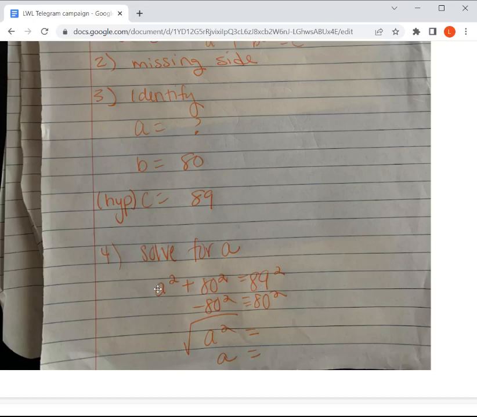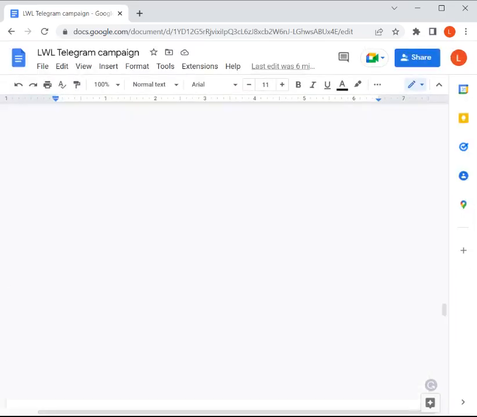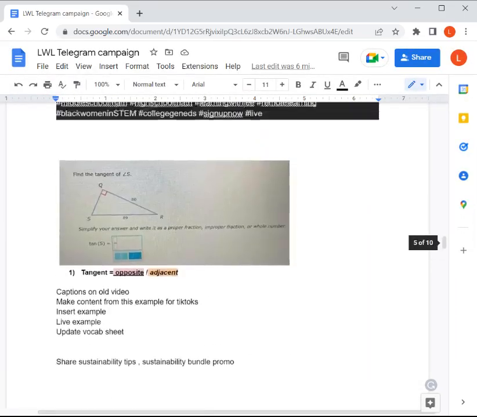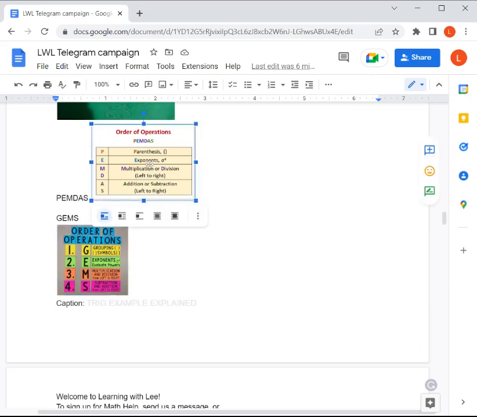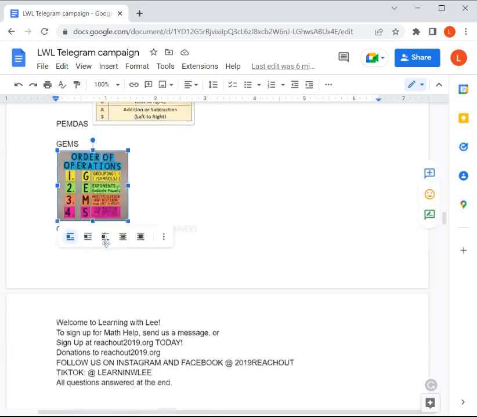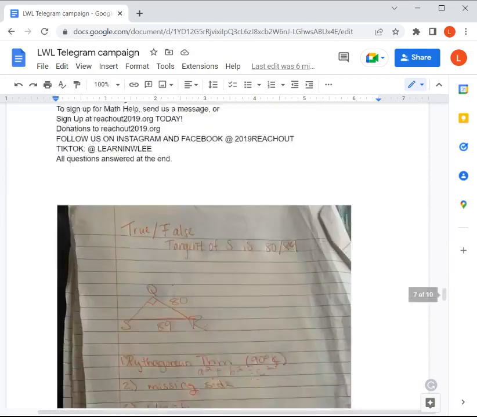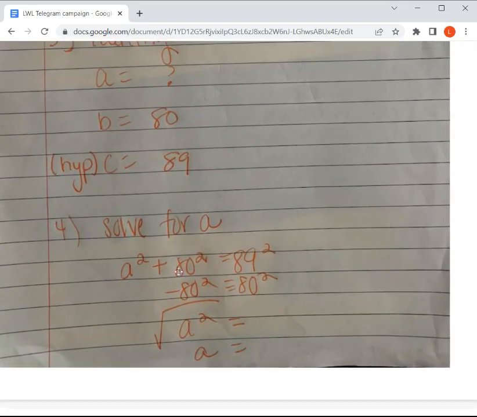And since I'm solving for a squared, now we're going to get back down to the arithmetic. You want to make sure you know your order of operations. Again, this is another piece of information that we will have on our cheat sheet. If you work with us, we're going to ask you, what is the correct order of operations for this example? You can look at this list and say, well, the last thing we need to do to isolate a is to remove this 80 squared.